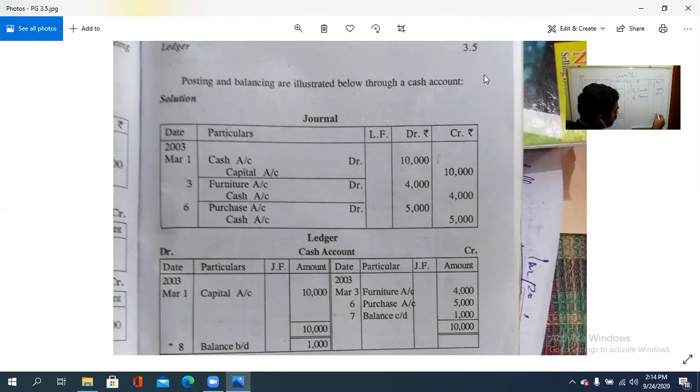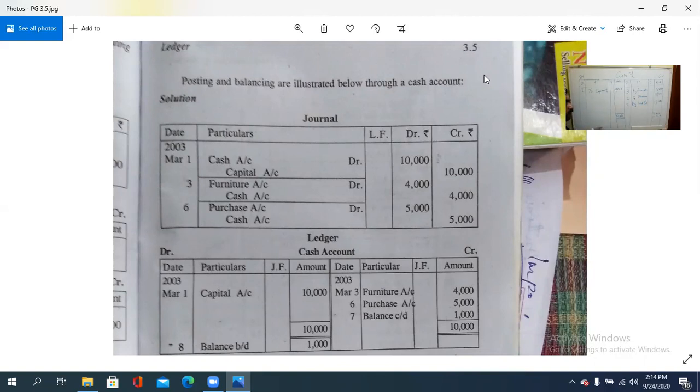Here also 10,000. What is this one? At the next day or at the month end, because this side has nothing more to come, by balance carried down, that is this 1,000.